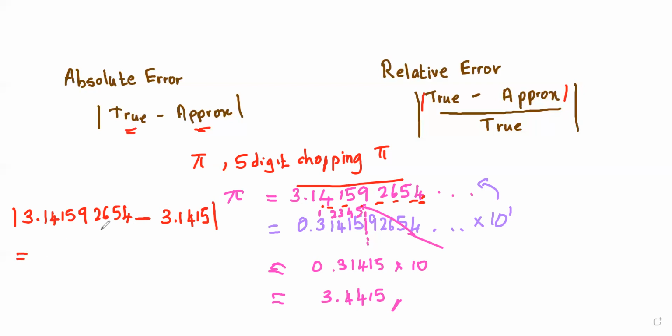Now we need to find the difference between these two values. I'm going to use my calculator: 3.141592654 minus 3.1415 gives 9.2654 times 10 to the power minus 5 approximately. So this is the absolute error.